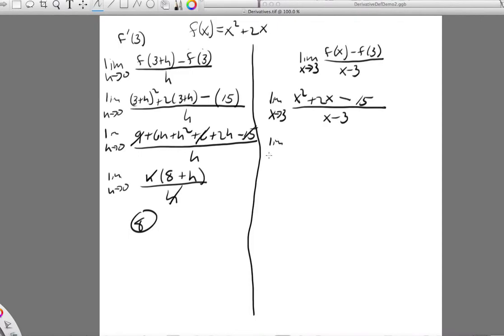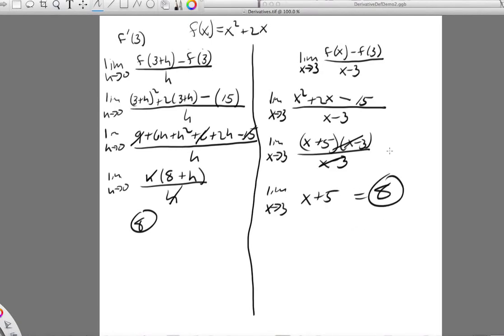So then the limit as x approaches 3, now x squared plus 2x minus 15 can be factored into x plus 5 and x minus 3, and that whole thing is over x minus 3. So you can still see the limit as x approaches 3, we're going to get a 0 over a 0 here, which is indeterminate, so we've got to do something. In this case, that something is find a surrogate function, so these cancel, and my surrogate function is now the limit as x approaches 3 of x plus 5, which is clearly equal to 8.